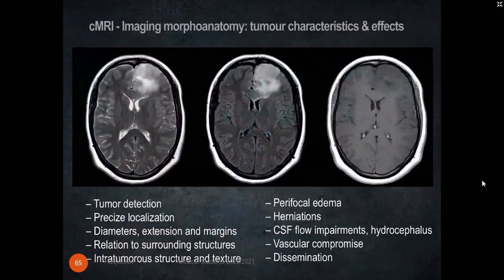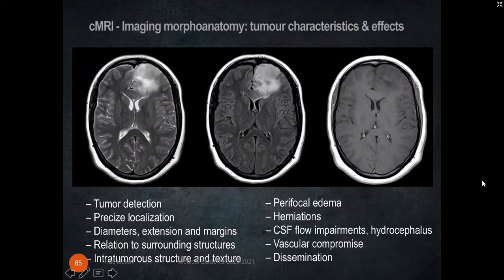If you see the abbreviation CMRI, that means conventional MRI. Conventional MRI is three sequences: T2 with high signal of the cerebrospinal fluid, T1 with low signal of the cerebrospinal fluid, and FLAIR imaging. Or this is T1 and this is T1 with contrast.